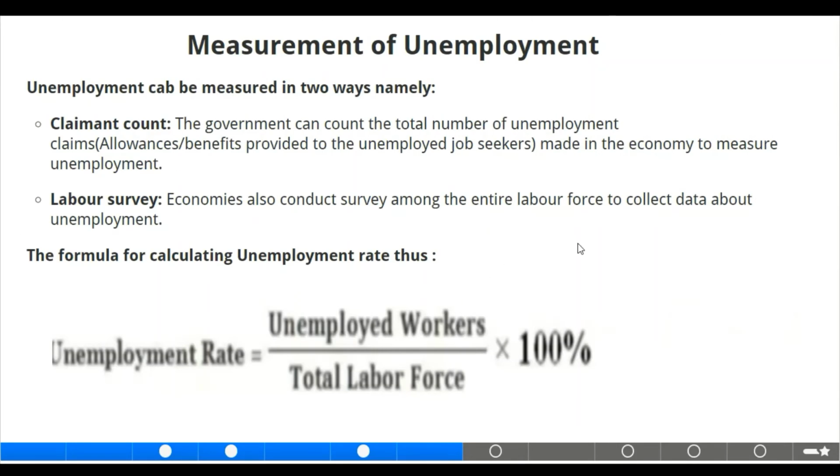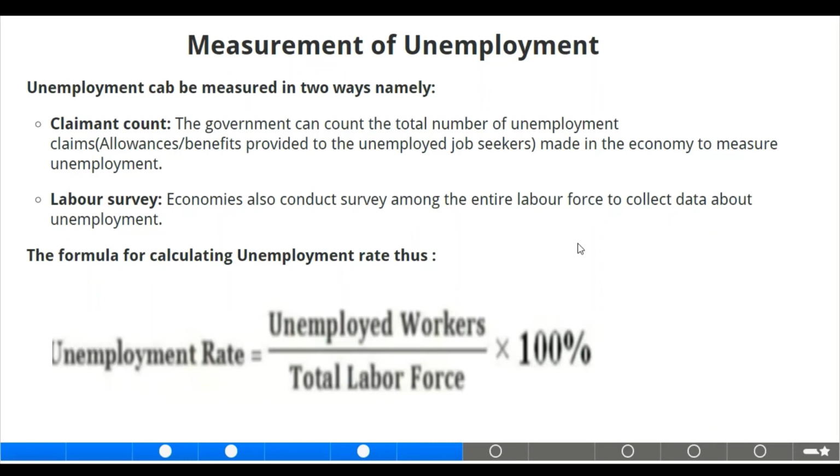Moving to the next slide, we now have the measurement of unemployment. How do governments measure unemployment in a particular country? One, we have claimant count, and the second we have labor survey. How does the government use claimant count in measuring the unemployment rate? The government can count the total number of unemployment claims, that is the allowances and benefits provided to unemployed job seekers in an economy, to measure the unemployment rate.